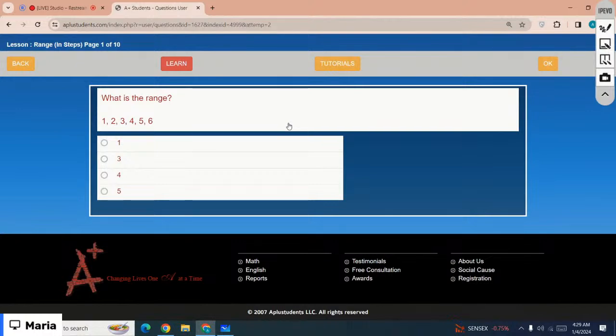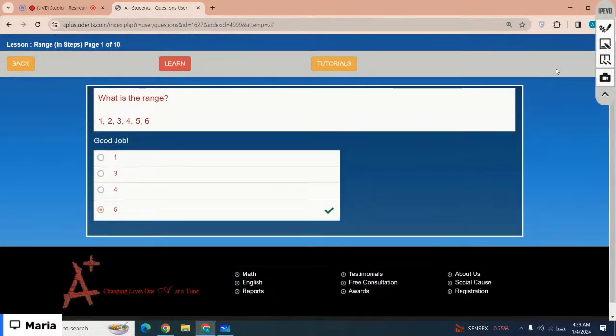The greatest number in the given data is 6 and the smallest number is 1. So 6 take away 1 is 5. The range of the given data is 5. No one is answering why.